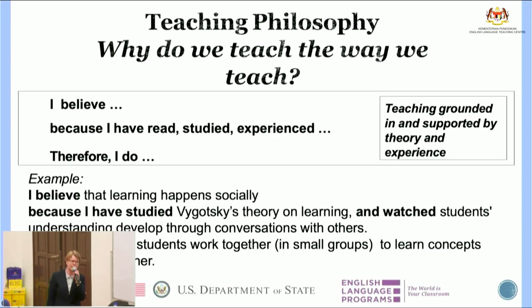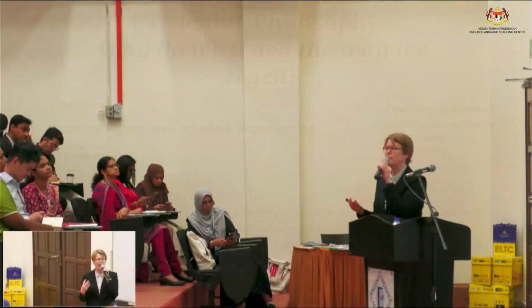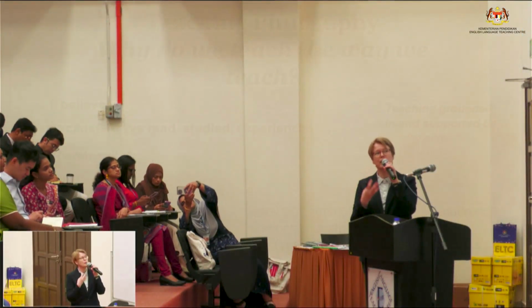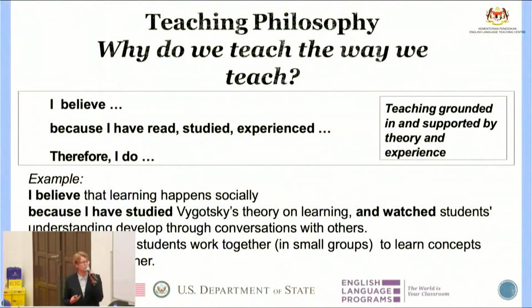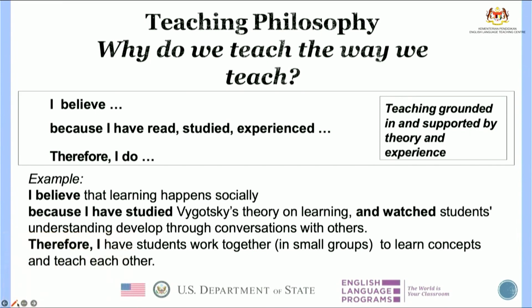For example, I believe that learning happens socially because I have studied Vygotsky's theory on learning and watched students' understanding develop through conversations with others. Therefore, I have students work together in small groups to learn concepts and teach each other. So we have the I believe statement, the reason or the rationale, and then the action, or the practice.